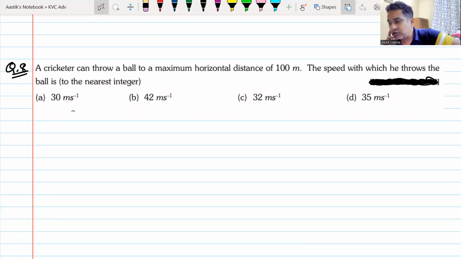A cricketer can throw a ball to a maximum horizontal distance of 10 meters.